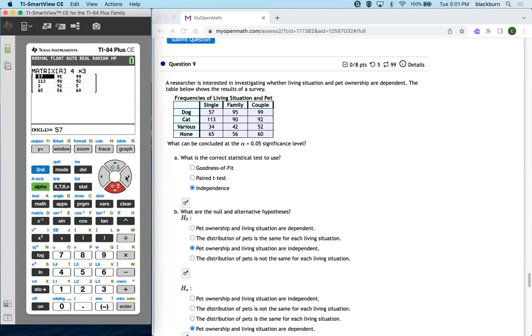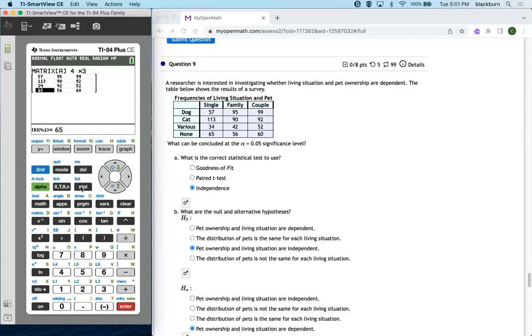Looks like some of them didn't get entered properly. That one should be 34. And then that one should be 52. Because if you get one of these numbers wrong, it's going to mess up all the calculations. So that looks good. All right.